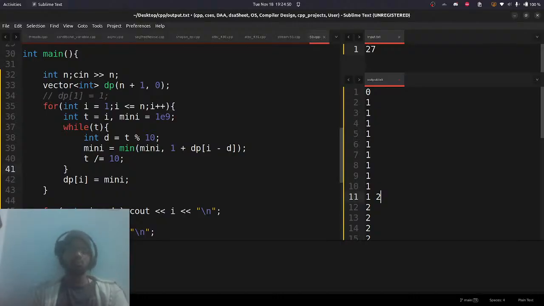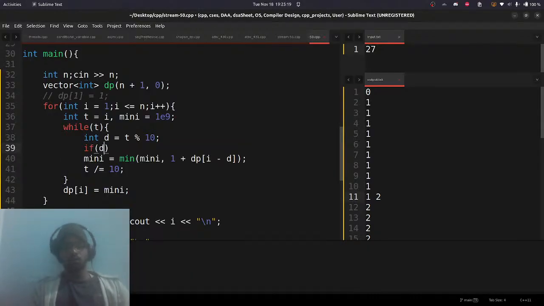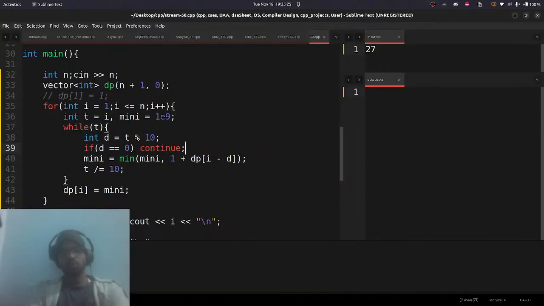Hmm. t modulo 10. That is the thing. If t is equal to 0, I'm just going to continue.